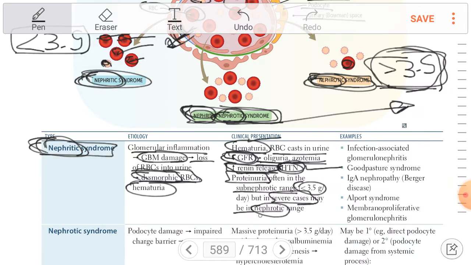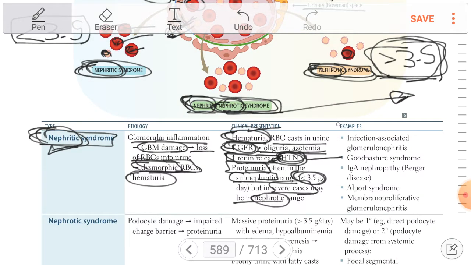So what's meant by nephrotic range? More than 3.5. So subnephrotic means less than 3.5. So nephritic syndrome there is what? There is hematuria and there is hypertension, and there is subnephrotic range proteinuria. So proteinuria less than 3.5. So there are examples and we will discuss each one of them in next pages.